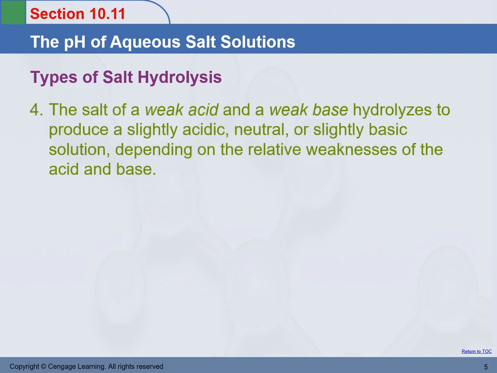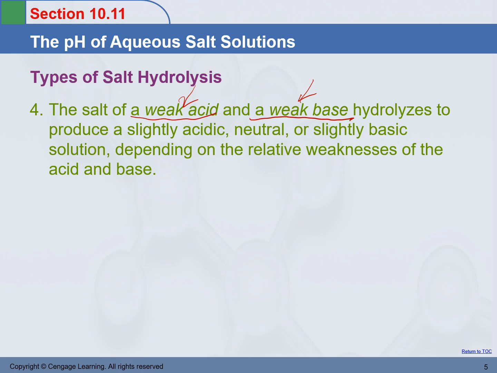Number 4, the salt from a weak acid and a weak base. Good news for us. We cannot decide if the solution of this kind of salt will be acidic, basic, or neutral. In order to do that, we need more information about the weak acid and the weak base.